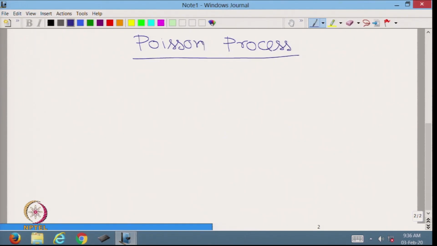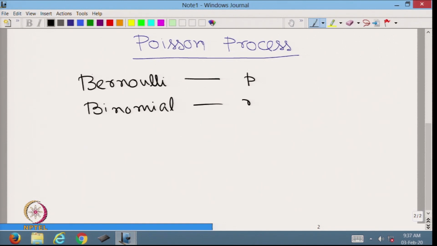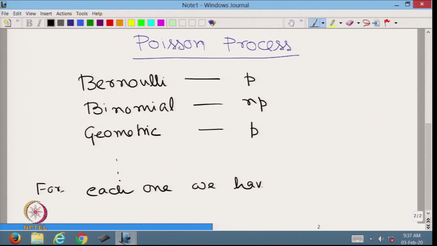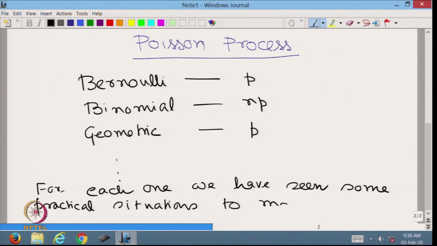We have studied many discrete distributions, say Bernoulli with parameter p, binomial with parameters n, p, geometric with p, etc. For each one of them, we have seen some practical situations to model them.